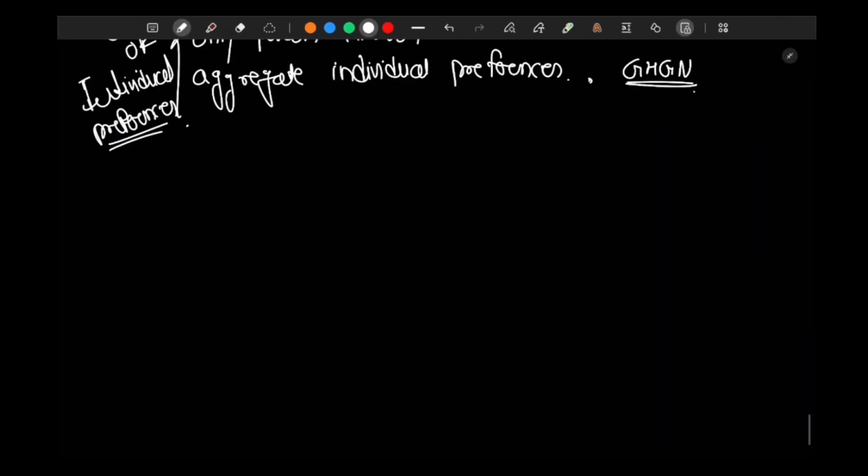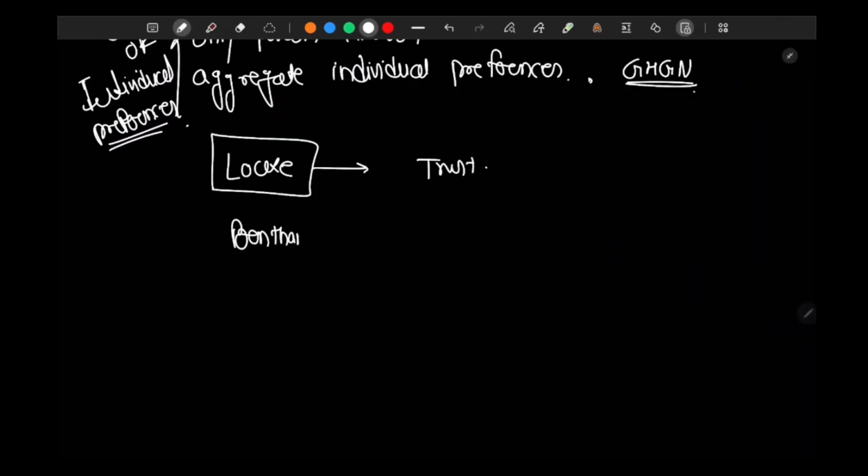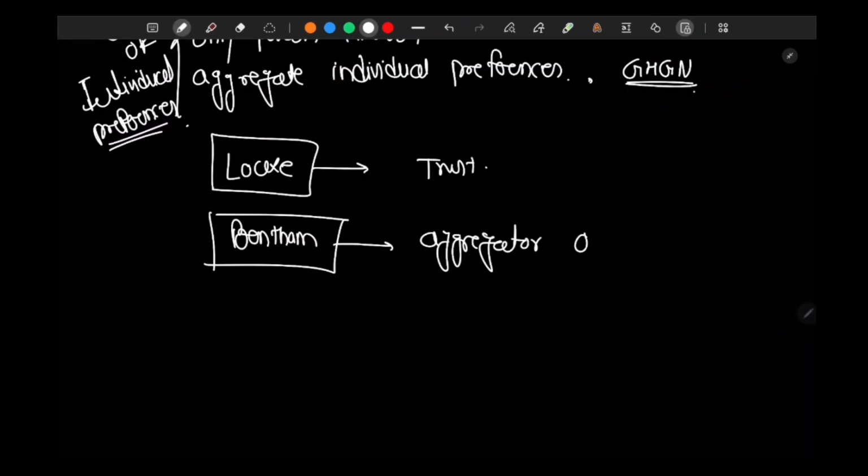So Locke assumes the state to be a trust, and Bentham assumes the state to be only an aggregator of preferences.